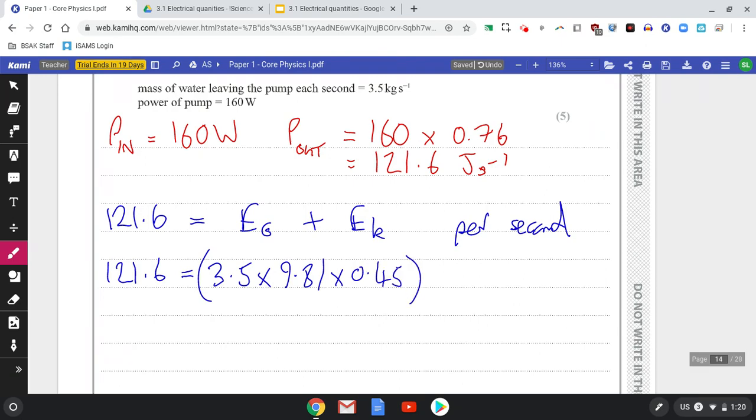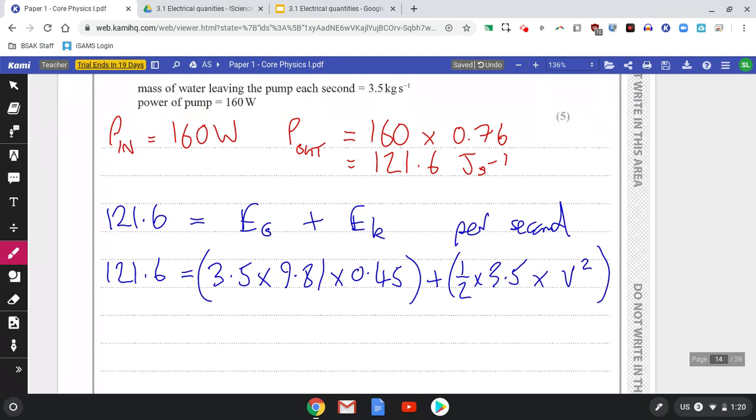So that's the GPE per second. That's added to the kinetic energy per second, which is a half times the mass per second, again 3.5 kilograms every second, multiplied by v squared. There you have it. The only unknown there is v squared.